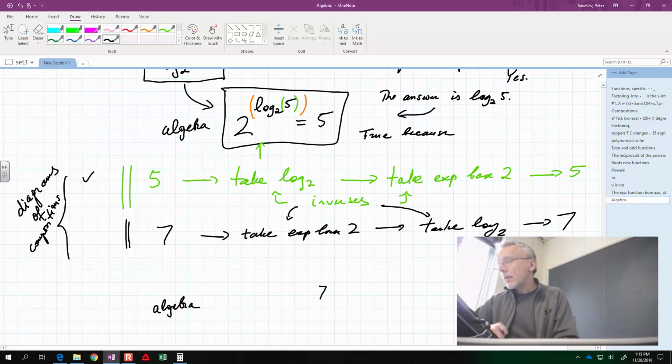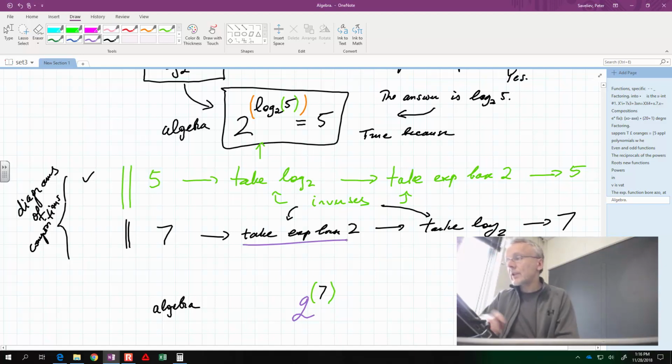Starting point is 7. Then I take exponent base 2. So what do I write here? No, not log, just power base 2, like this. So that's the first step.